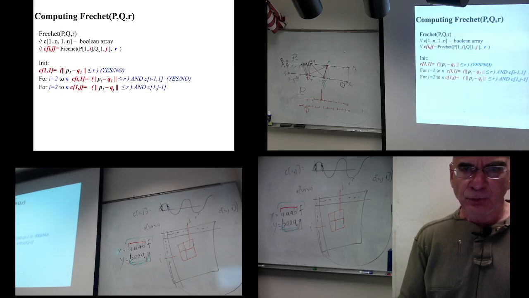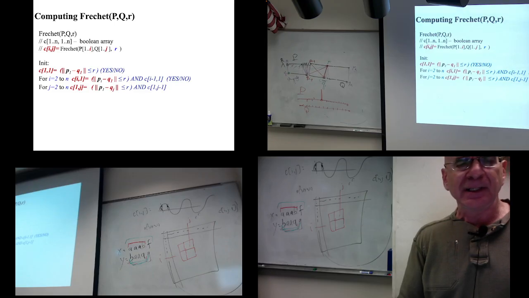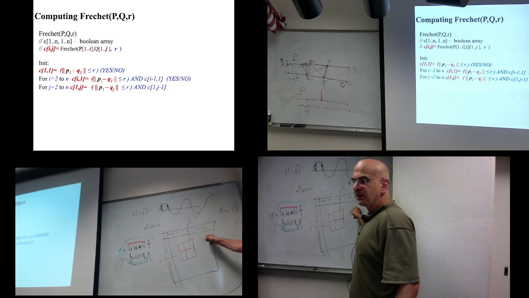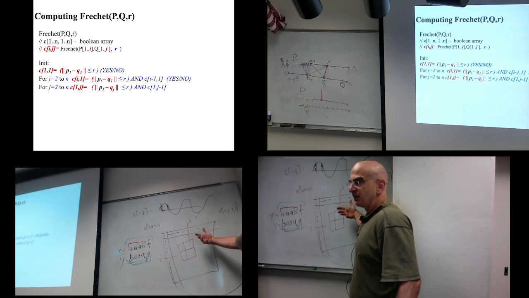And I want to show you essentially two solutions to it. So first, I'll create my array just as before, but now this array contains Boolean values. Cij now is not going to be the length of the leash because it's fixed. It's part of the input.